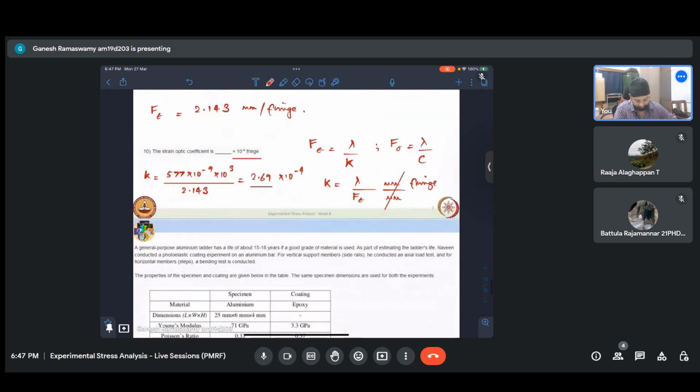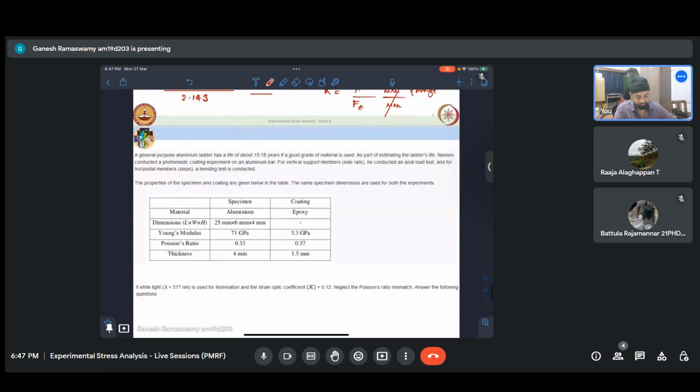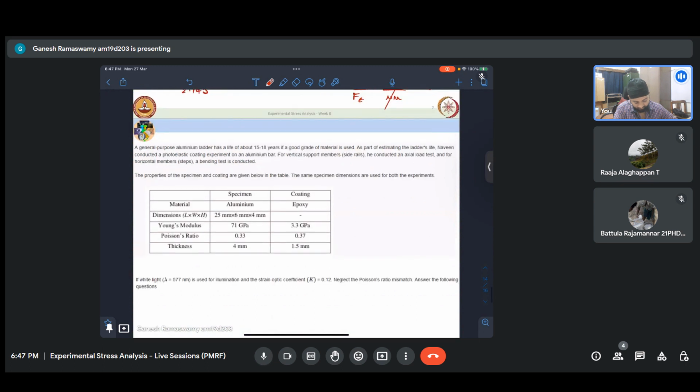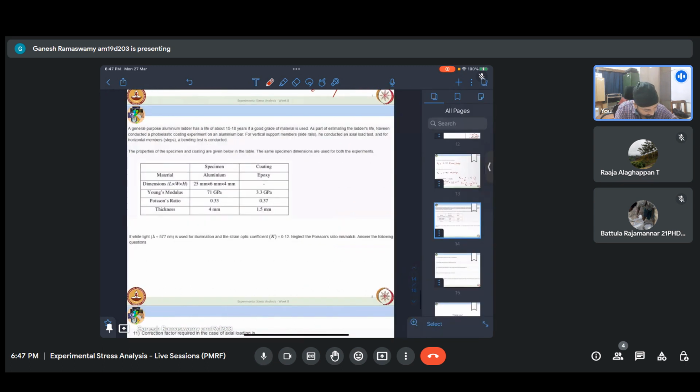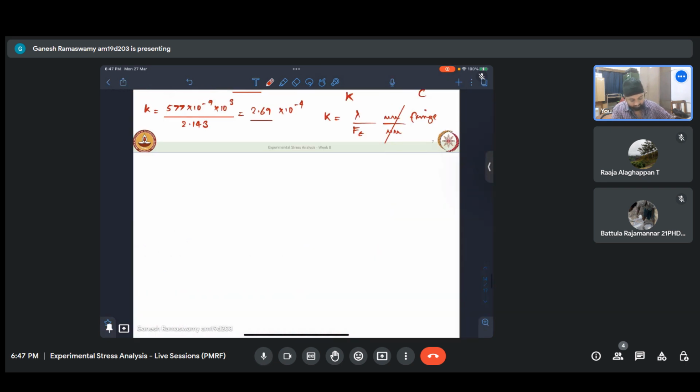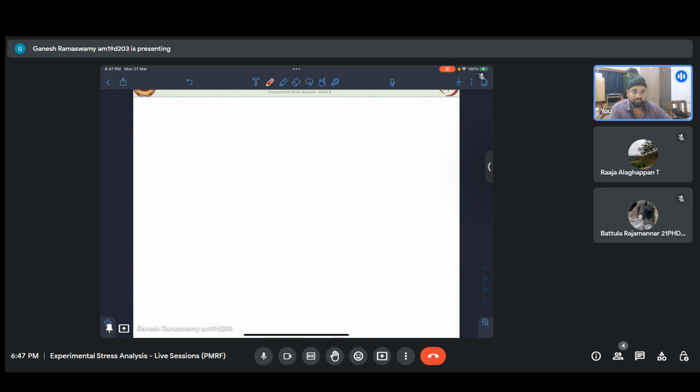Okay, so let me take a look at this problem. But before we do, I'll just digress a little bit and try to develop the coating stress to specimen stress relation, which is something we should clearly understand.